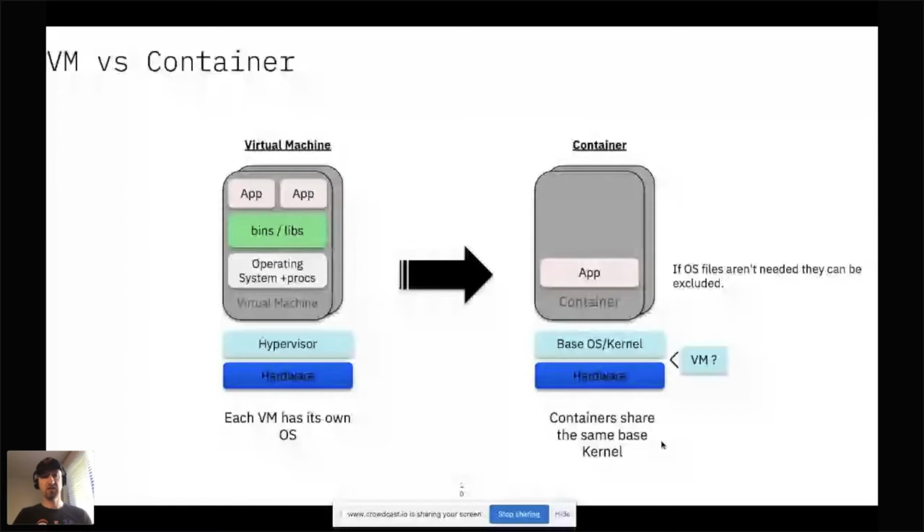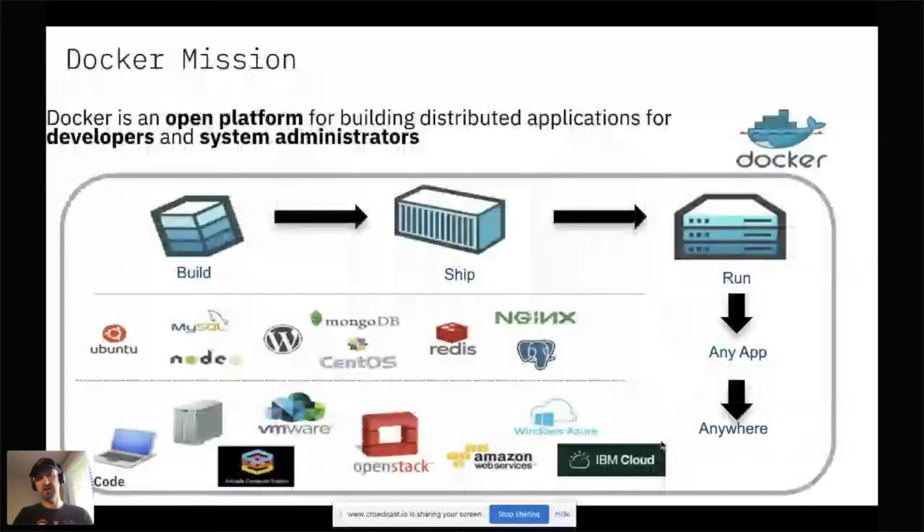So that's the benefit. And Docker came as a very popular platform to do it with the build, ship, and run approach. That's a pretty amazing thing to use, and we will try to do exactly that. And you can build your application with existing images, so it's super simple to use.